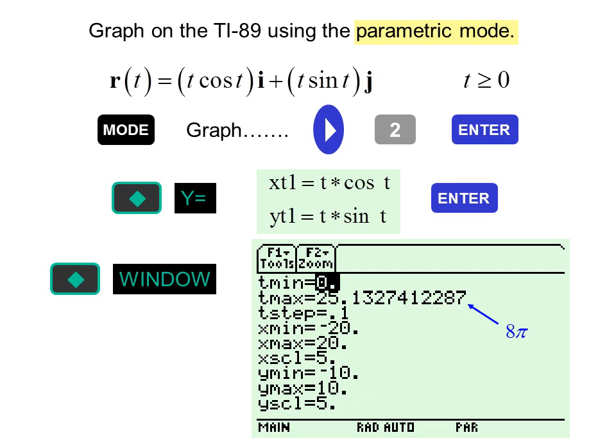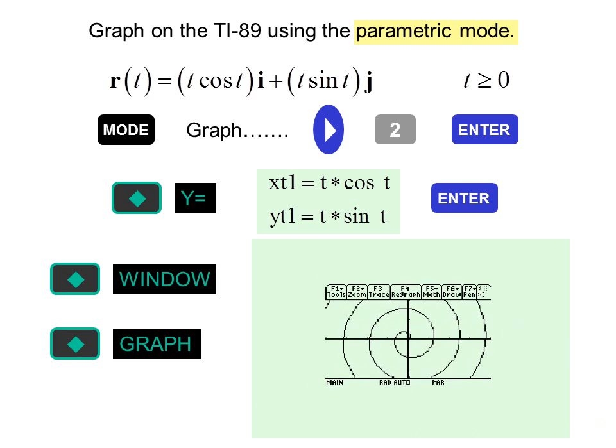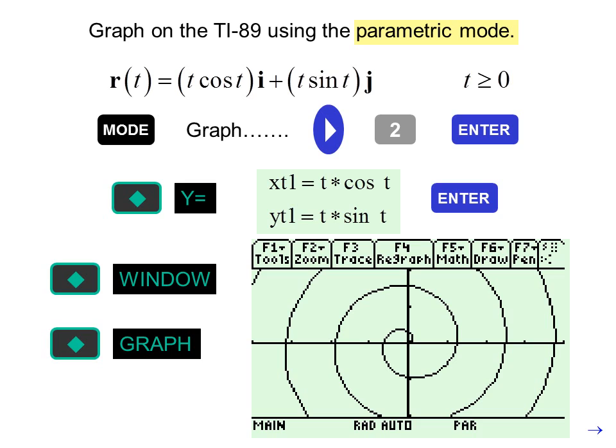And we'll also make the y scale 5. Then we press diamond graph to see what we get. And we get a spiral.